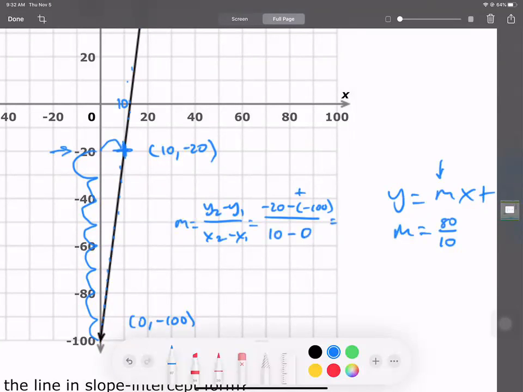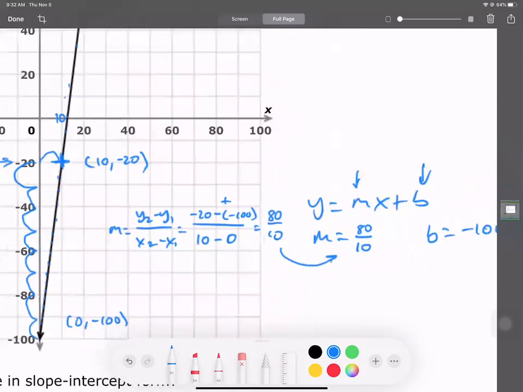This becomes a positive 100. 100 minus 20 is 80 over 10. Same thing as if we just counted or we did the formula. Okay? So you want to learn how to do both of them because sometimes it's easier to do one or another. What if they didn't give me a graph?